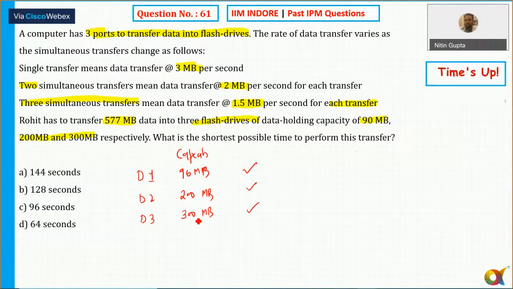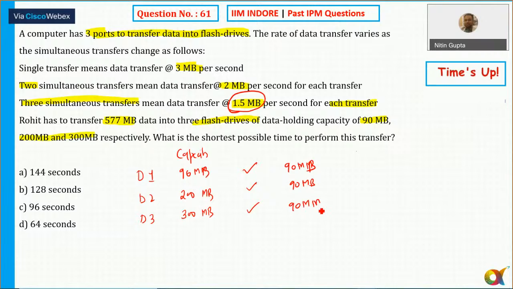Now, if all the 3 drives are working together, how much will be the time? In that case, the data will transfer at the rate of 1.5 MB per second. So 90 MB, 90 MB and 90 MB. Yes or no? Because the maximum capacity of drive 1 is 90 MB.